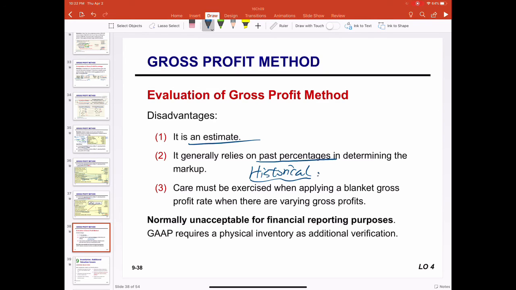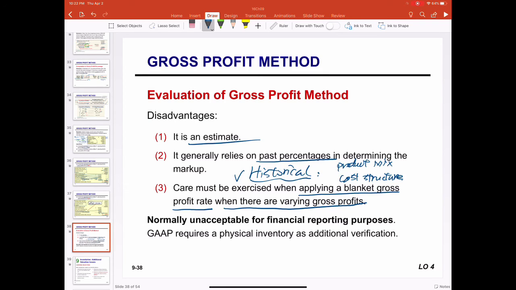So if the firm has the product mix change or cost structure change, we should make adjustment to the percentage. And also, we should be careful when applying a blanket gross profit rate when they are varying gross profit.